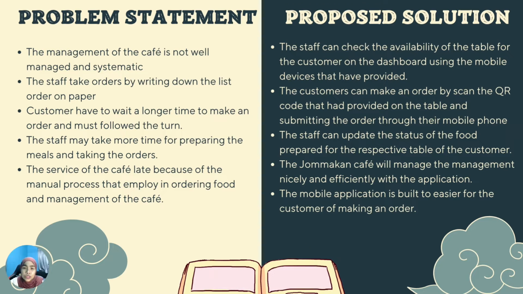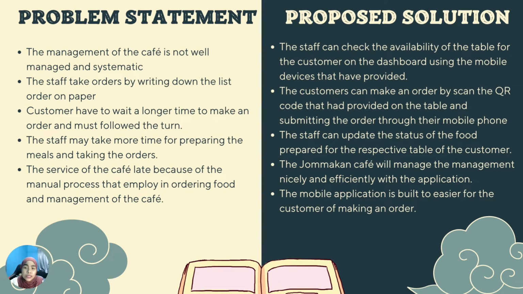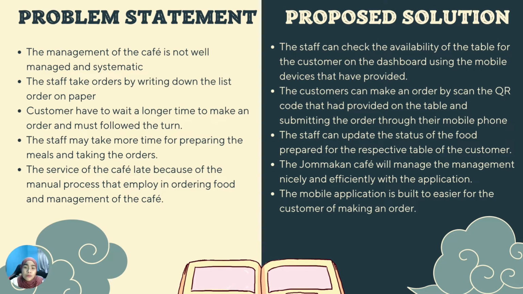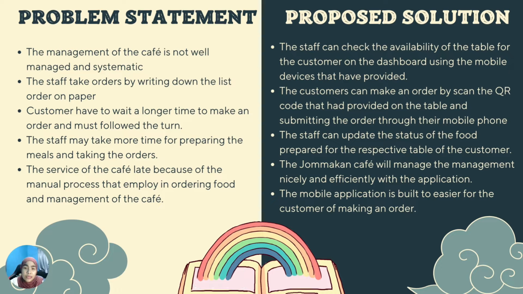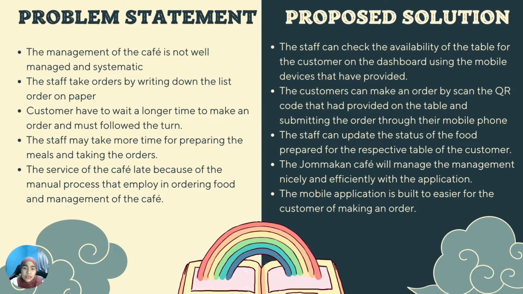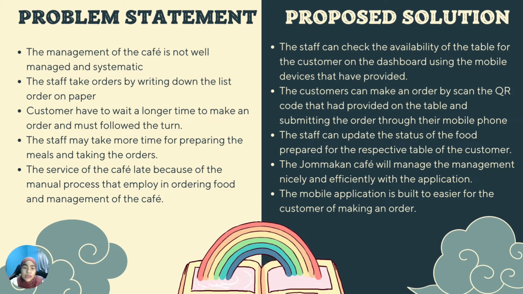Okay, for the proposed solution, the staff can check the availability of the table for the customer on the dashboard using the mobile device provided by the manager of Jom Makan Cafe. Second, the customer can make an order by scanning the QR code provided on the table and submit the order through their mobile phone.